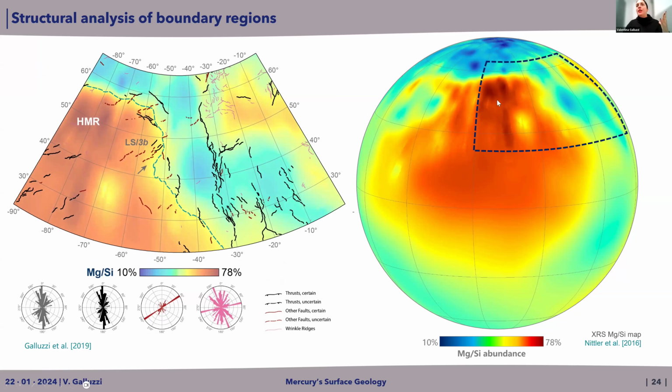It's very, very huge, and it is thought to have very high densities and higher crustal thicknesses. And as you can see from here, the structures align well along its boundary. So it seems that also the crustal inhomogeneous geochemistry in some way played a role in driving the stresses and the structures on Mercury.